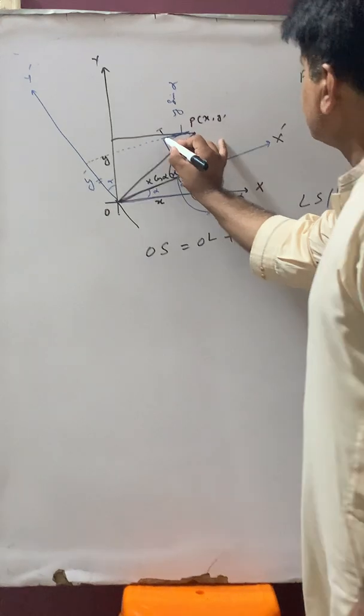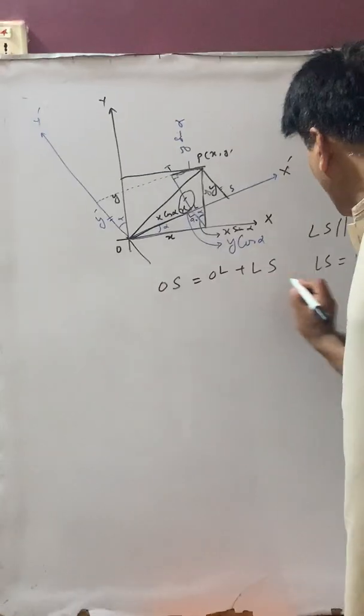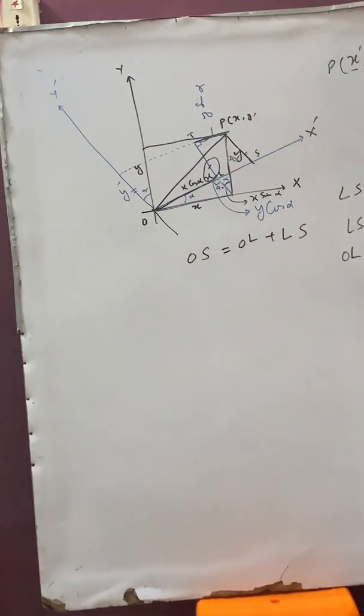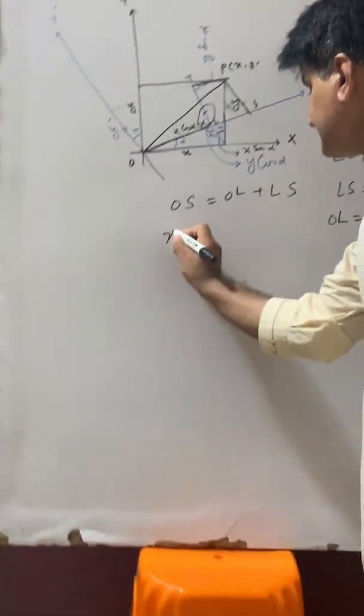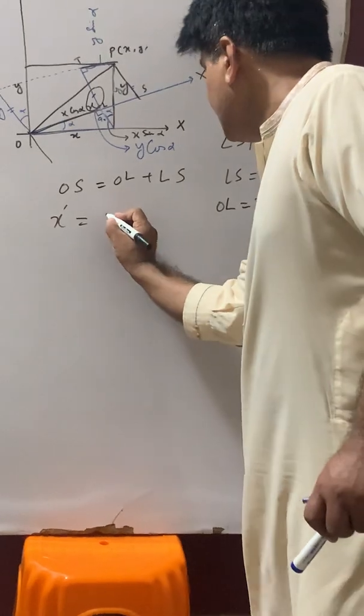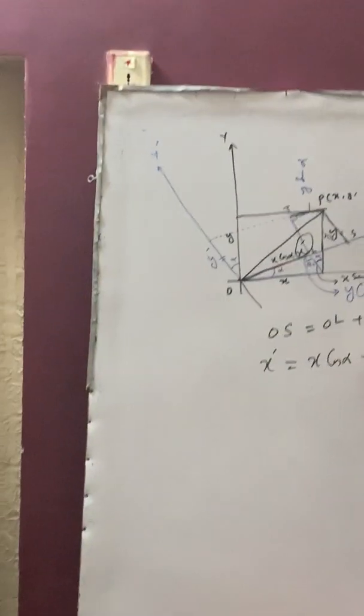This one, y sine of alpha. And OL is in fact the x component of x, that is x cosine of alpha. Therefore, OS, which is x prime, will be x cosine of alpha plus y sine of alpha.